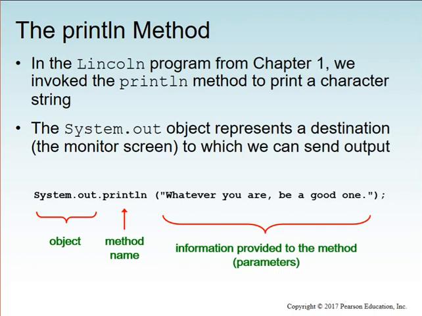Now, the System.out object represented a destination, and in our case, this was the monitor or the screen, to which we can send the output. So we have an object, System.out, and we have a method name, println, and then we have the information provided to that method to print the string literal to the screen.